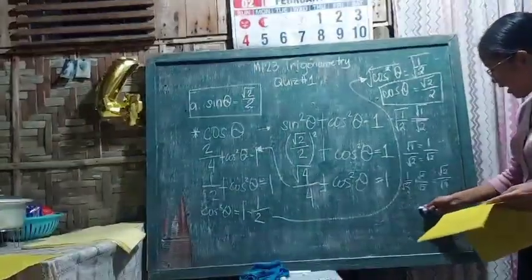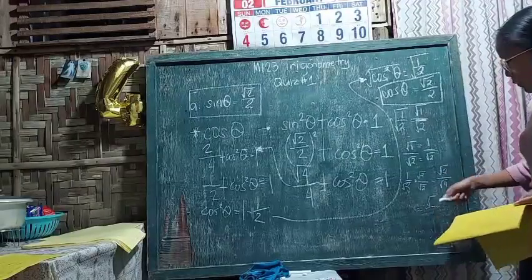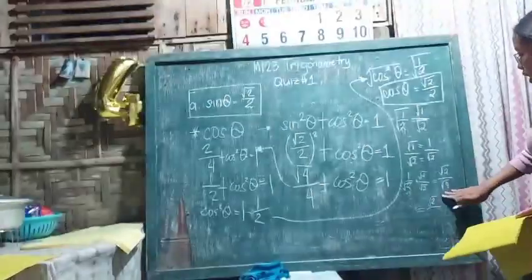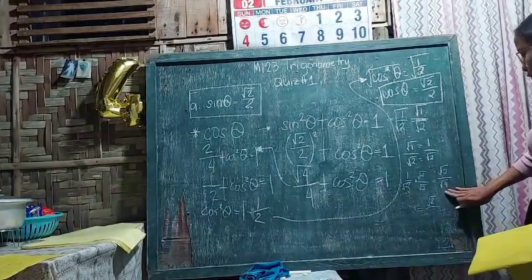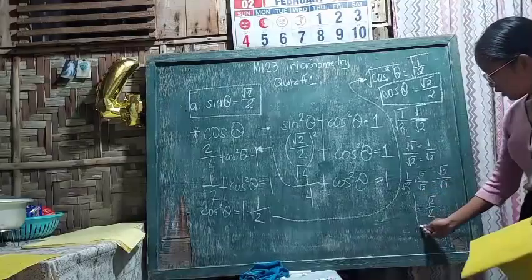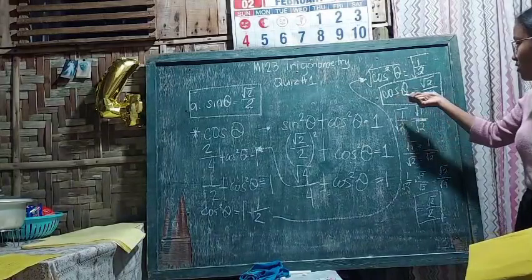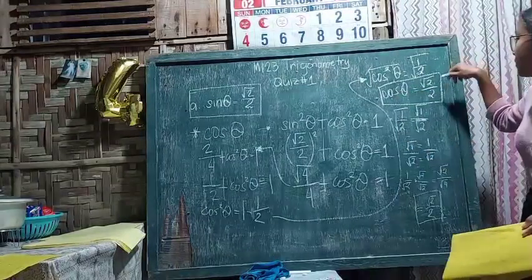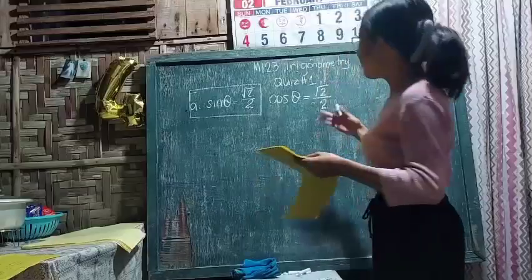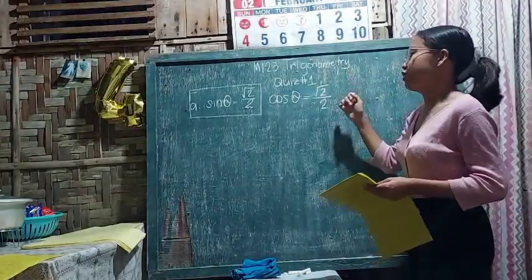Square root of 2 isn't a perfect square, so it is still square root of 2. The denominator 4 is a perfect square, so square root of 4 leaves us with 2. That's why our cosine theta is equal to square root of 2 over 2. So we have now the value for our cosine theta, which is square root of 2 over 2.